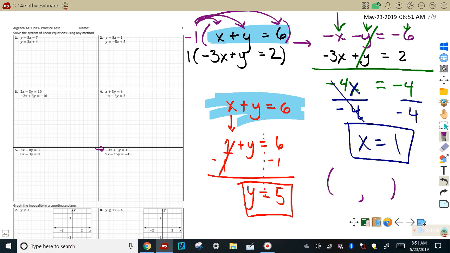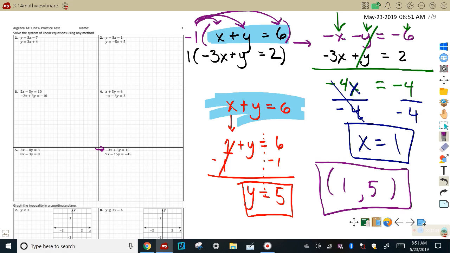Perfectly. That's your final answer. So don't miss this one extra point, because if you already found your x and your y, you did all of the hard work. We just need to write it as our final answer.